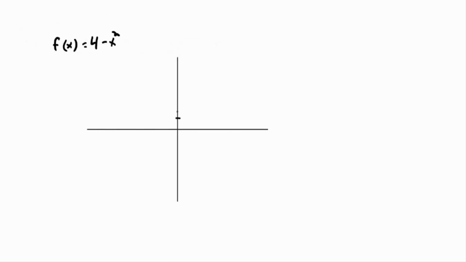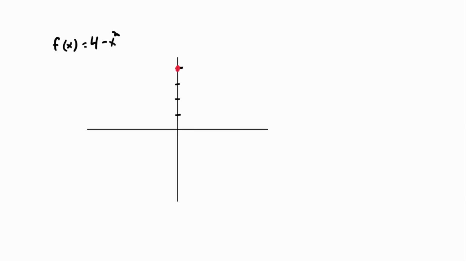Okay, so 1, 2, 3, 4. We don't need the whole thing, but we'll start out with the whole thing. What are the x-intercepts? 2 and -2. So, let me do this just to give it a little more space.